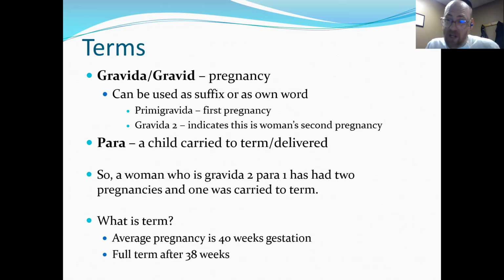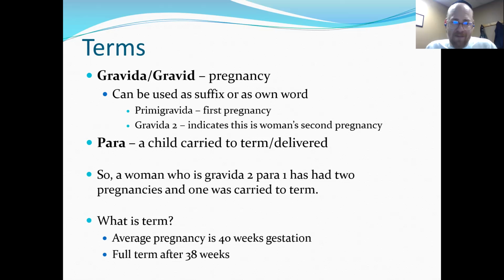So if a woman is gravida 2, she has been pregnant twice, right? Para means a child carried to term. So if a woman is gravida 2, para 1, she's been pregnant twice, and has had one child that she's carried to term. Okay. So obviously if she is gravida 3, para 2, then pregnant 3 times, carried 2 children to term.